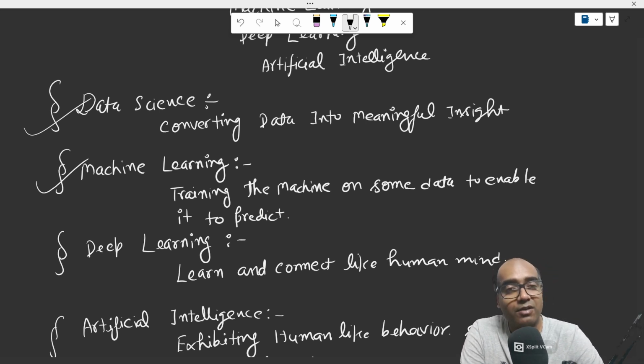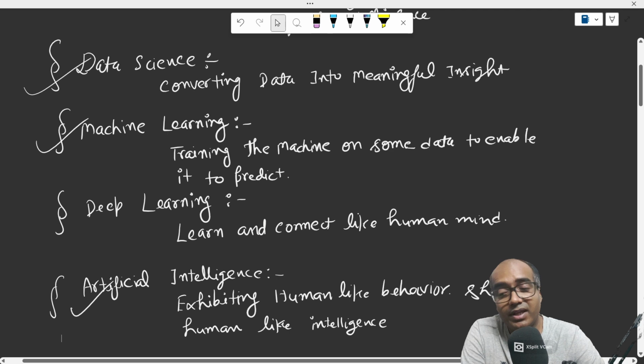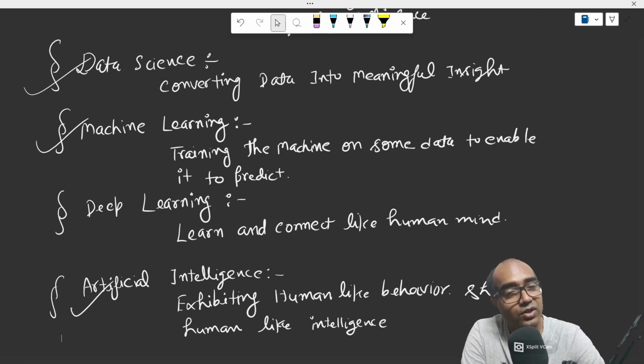So this prediction capability comes after the machine learning, and this prediction capability is used by AI, artificial intelligence. Artificial intelligence is nothing but exhibiting human-like behavior, right? Here when your machine is trained, it is exhibiting human-like behavior. It is giving you the answer just like human intelligence does, right?